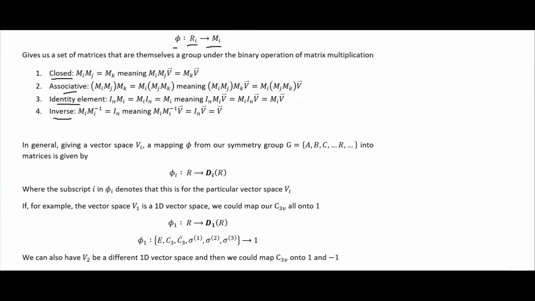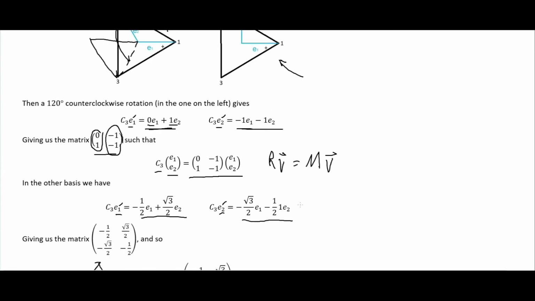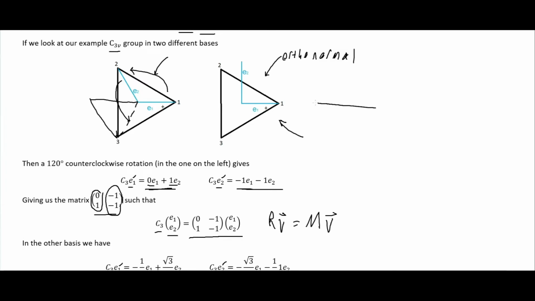So in general, given a vector space V sub I, a mapping phi from our symmetry group G into matrices is given by this, where the subscript I in our mapping denotes that this is for a particular vector space V sub I. And that's what we were showing up here: depending on the basis, you're going to map into a different group of matrices.